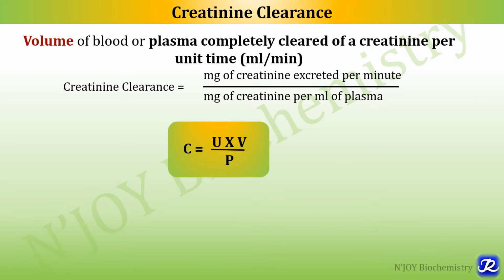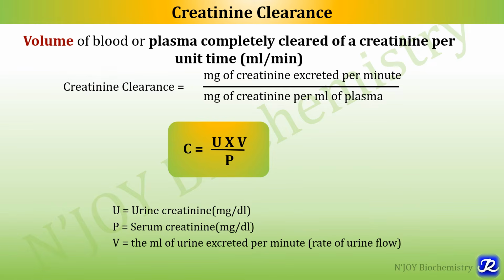It is calculated by the formula clearance is equal to U multiplied by V divided by P. What is this U? It is the urine creatinine in milligram per deciliter, P is the serum creatinine in milligram per deciliter, and V is the ml of urine excreted per minute, which is also called the rate of urine flow.